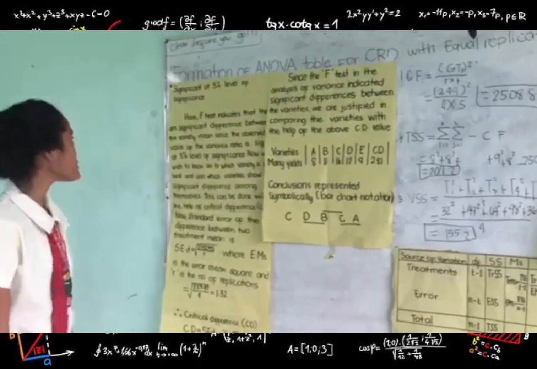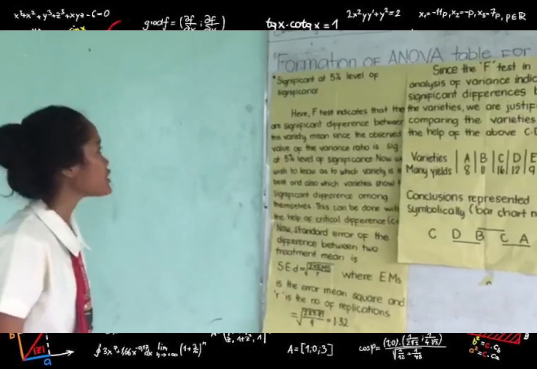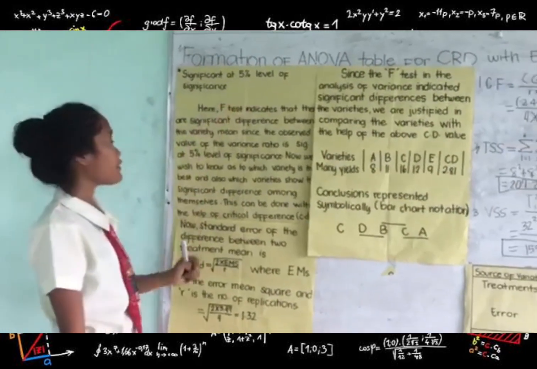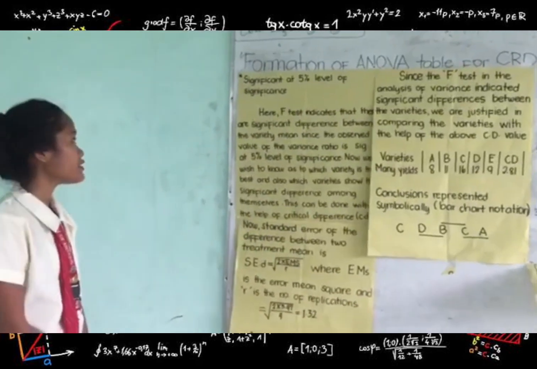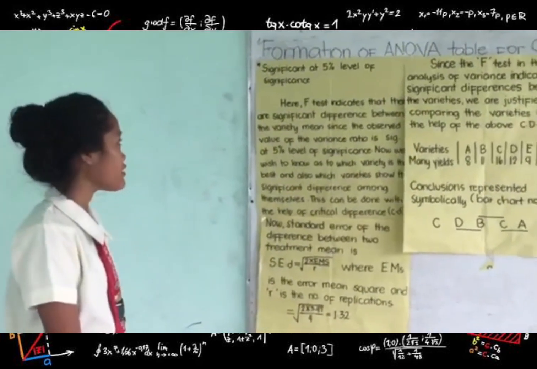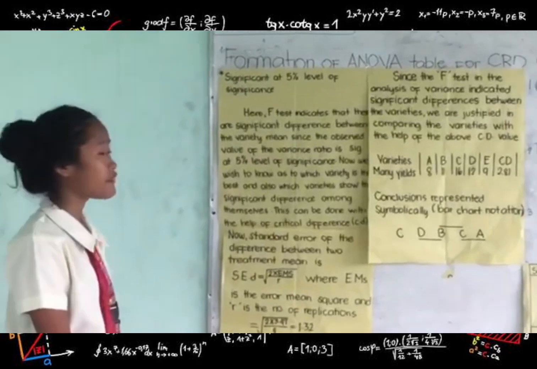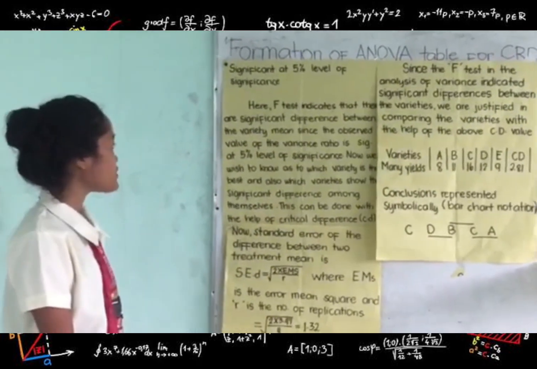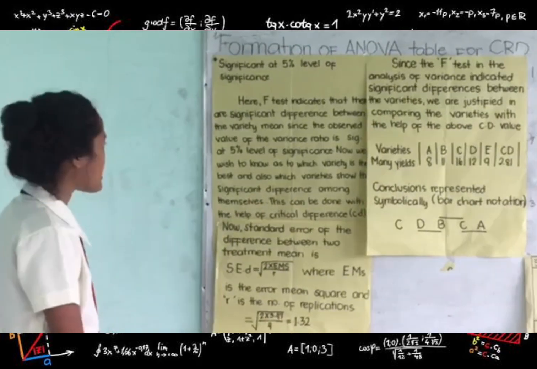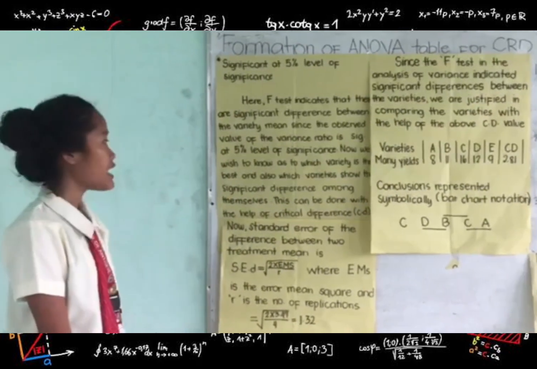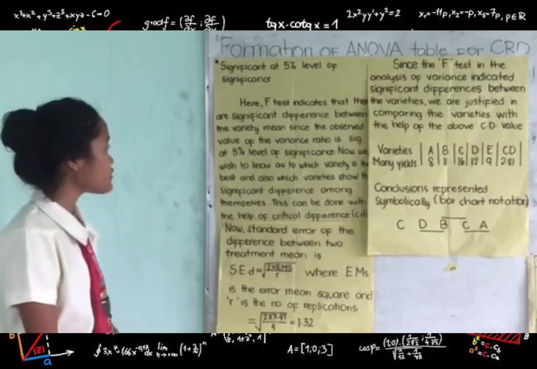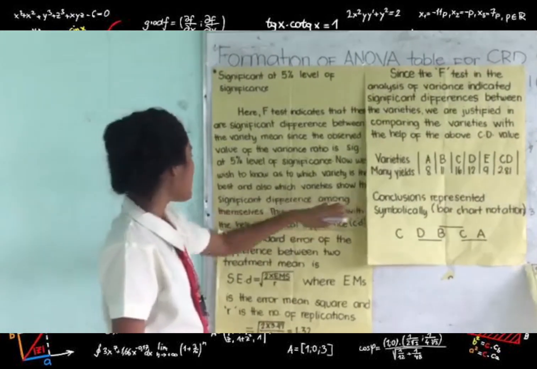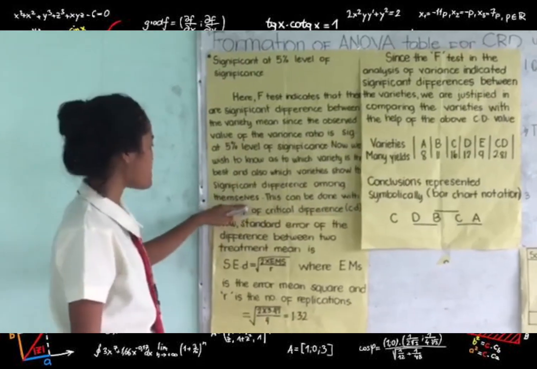Then we proceed to our conclusion: significant at the 5% level of significance. The F test indicates that there is a significant difference between the variety means, since the observed value of the variance ratio is significant at the 5% level of significance. Now, we wish to know which variety is the best and which varieties show significant differences among themselves.